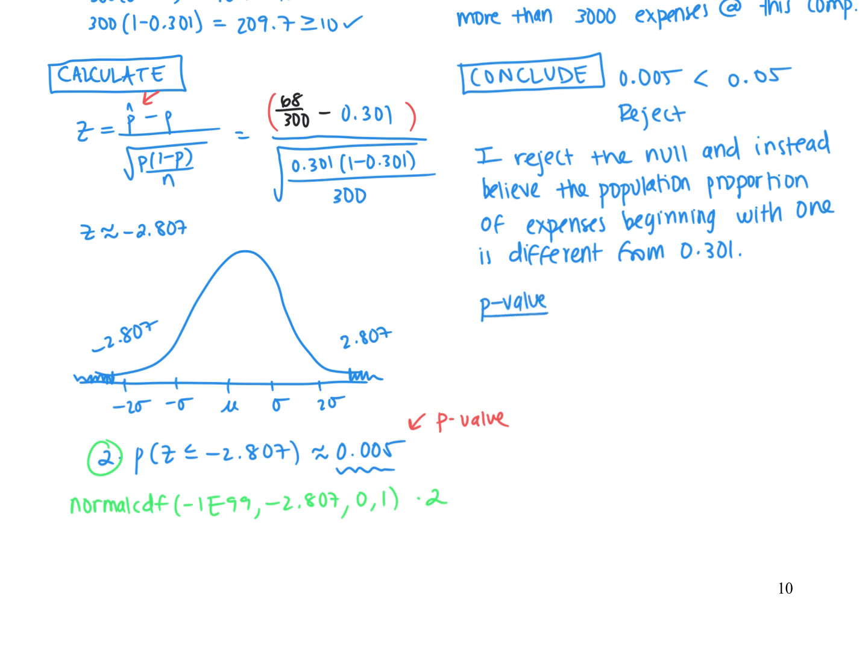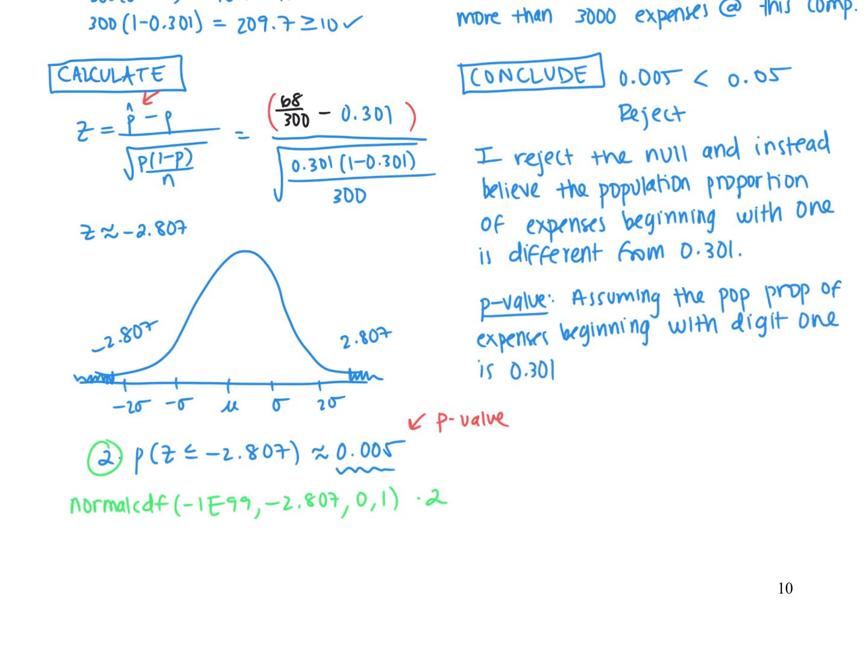You also are going to be asked each time to interpret the p-value. The p-value is the likelihood of the sample we got if the null were true. So I'm going to say, assuming the population proportion of expenses beginning with the digit 1 is 0.301.